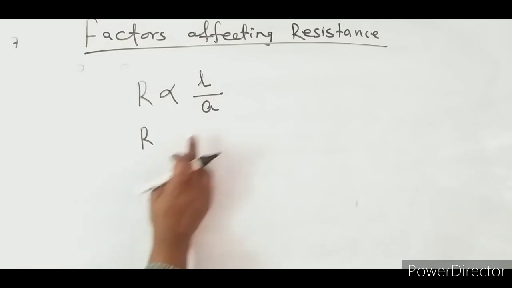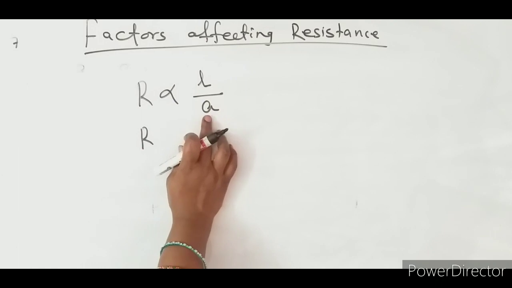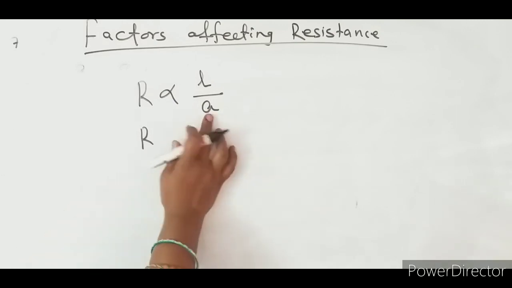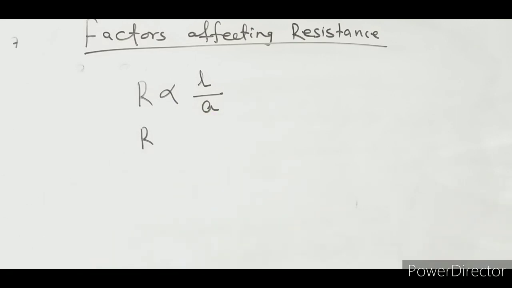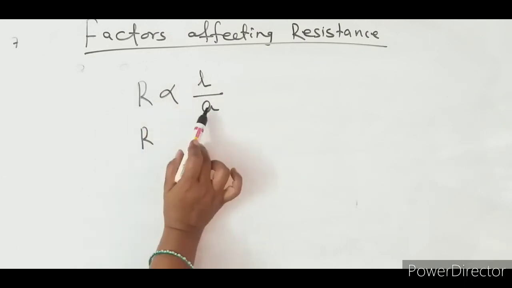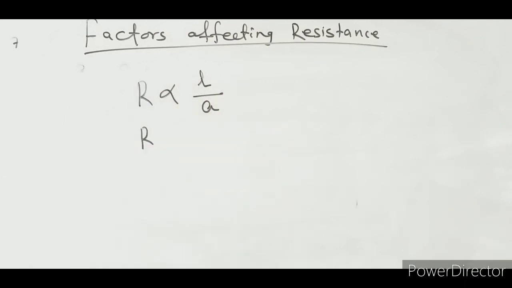So R equal to, in some cases you can take area as small a or capital A also. There should not be any confusion for it. So here it tells that if length becomes twice, resistance becomes twice. Area becomes twice, resistance becomes half.